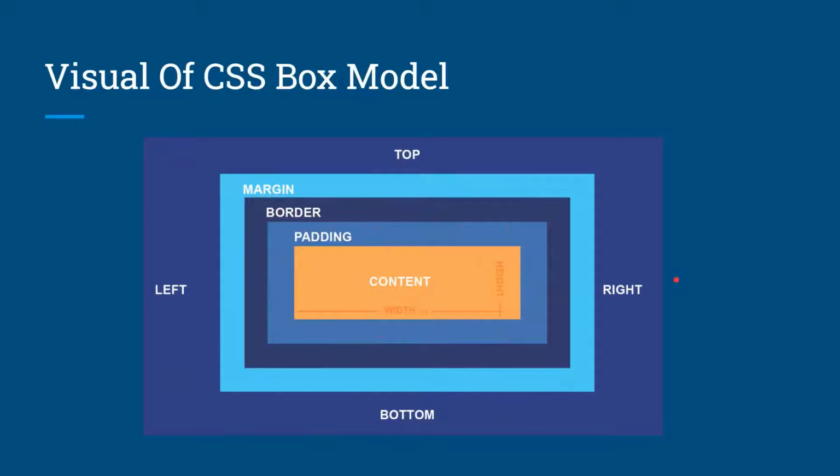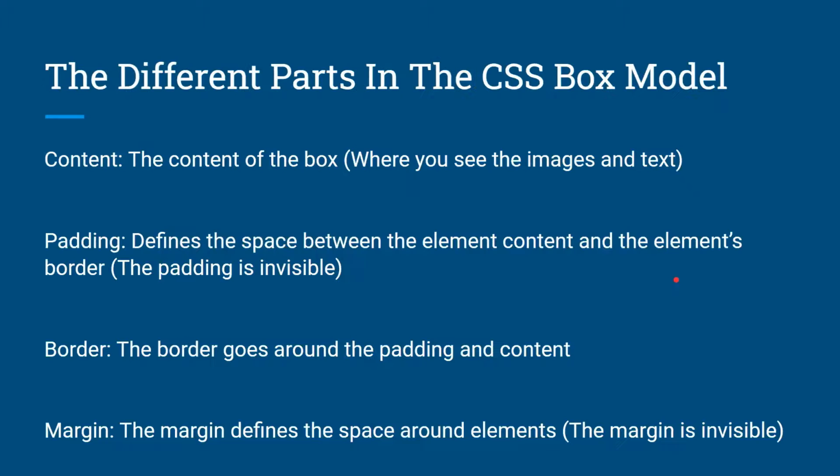But now we're going to be talking about the different parts in a CSS box model. First, our content, I already talked about it. This is where you see images and text and stuff. Then the padding. It defines the space between the element's content and the element's border. And the padding is invisible.